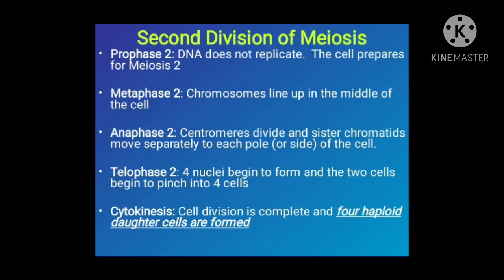In the metaphase 2, the chromosomes line up in the middle of the cell, while in the anaphase 2, centromeres divide and sister chromatids move separately to each pole of the cell. In the telophase 2, 4 nuclei begin to form and the 2 cells begin to pinch into 4 cells. And in the cytokinesis, cell division is complete and 4 haploid daughter cells are formed.